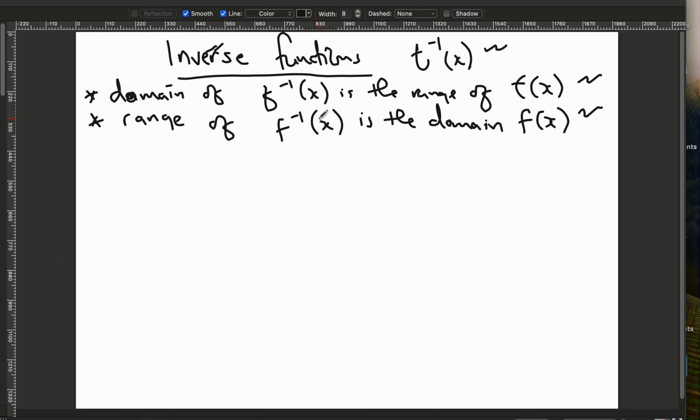Okay, let me say that one more time. You can only find the inverse of a function if the function is 1 to 1. This is only for 1 to 1 functions.